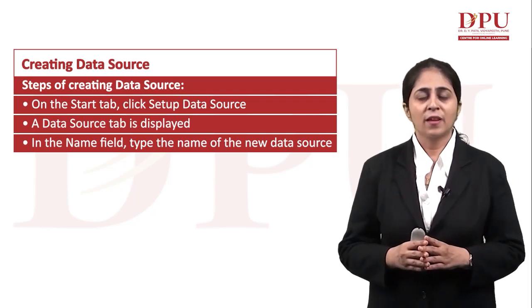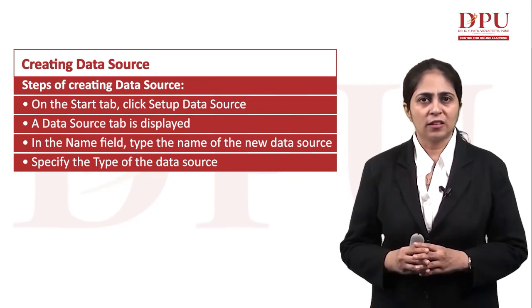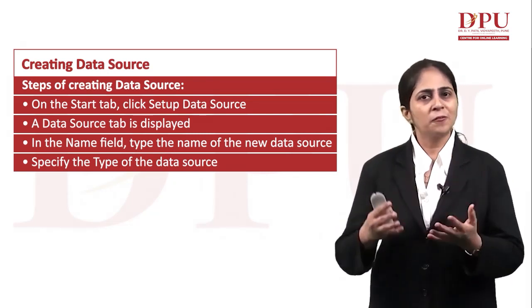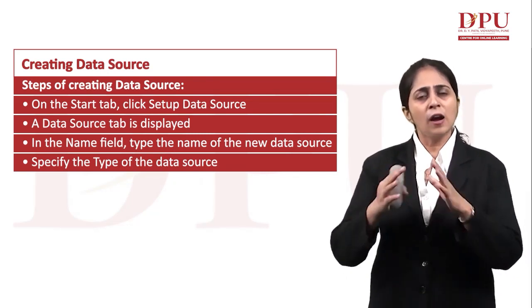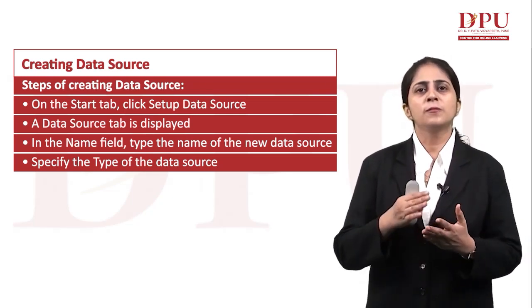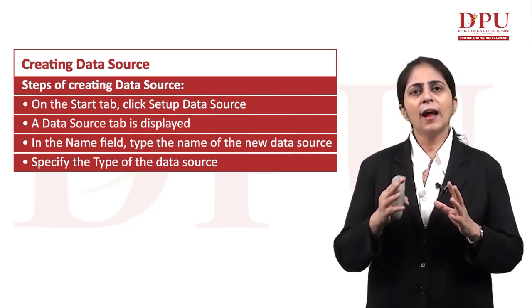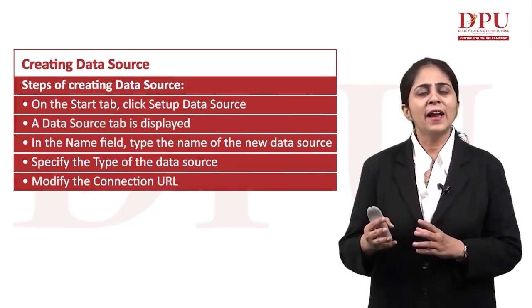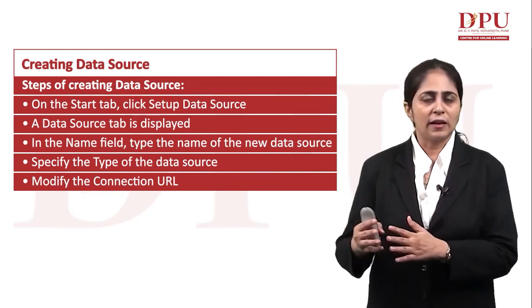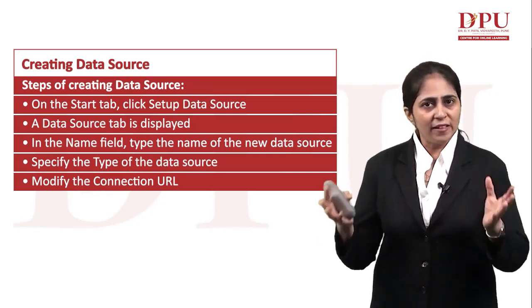After this, we need to specify the type of data source. There are different types of data source, so for our own application, for our own project, we need to specify what type of data source we want. After this, we have to modify the connection URL, because we need to connect it to various servers.